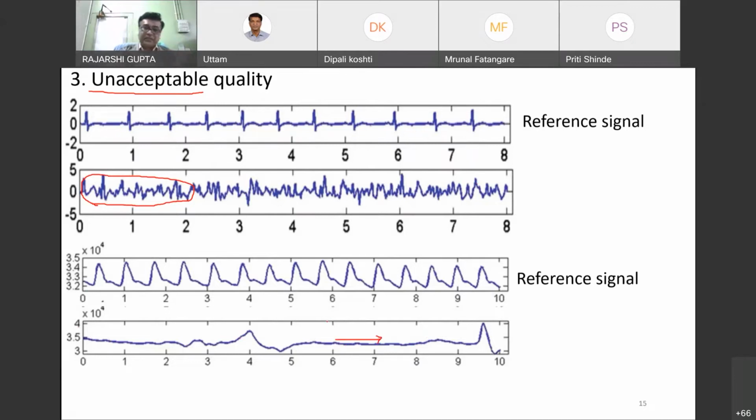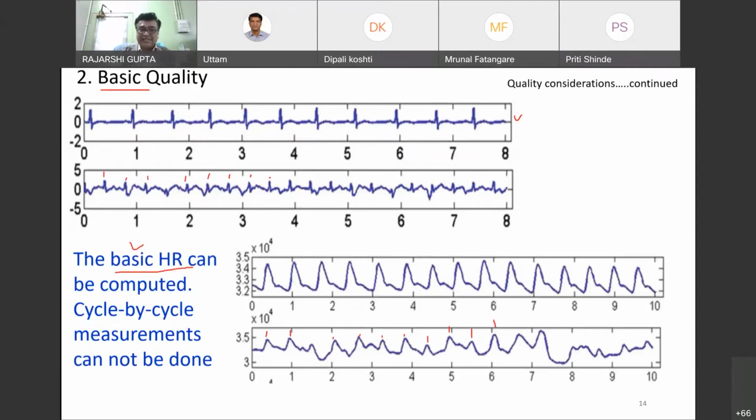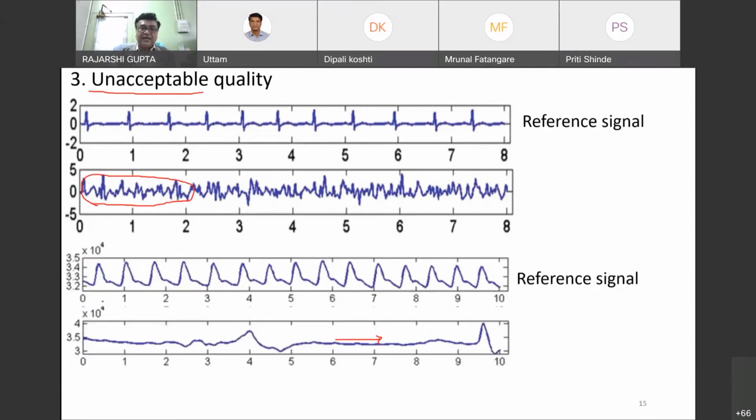So we defined three quality criteria. One is called diagnostic quality. The middle one is called basic quality, where we can do some basic measurements like HR. And the unacceptable quality, which is worst, where we cannot make any measurements. But I'm again repeating, whenever we are talking about quality, in any case, we need to have the reference signal. Reference signal means the clean signal.